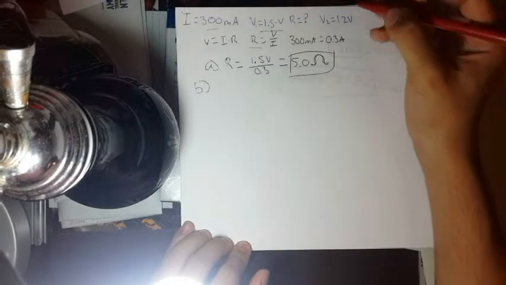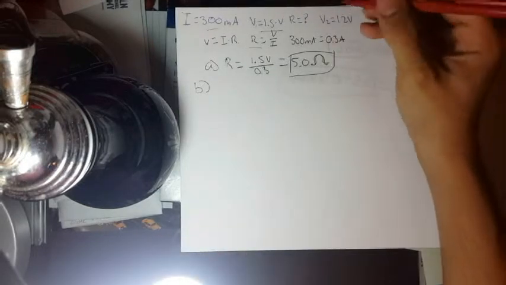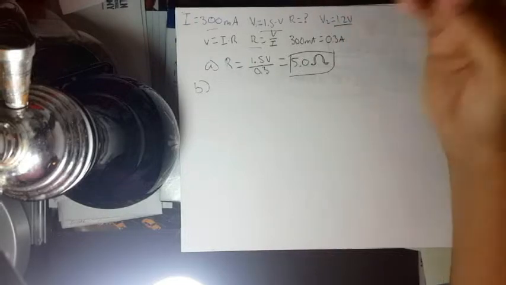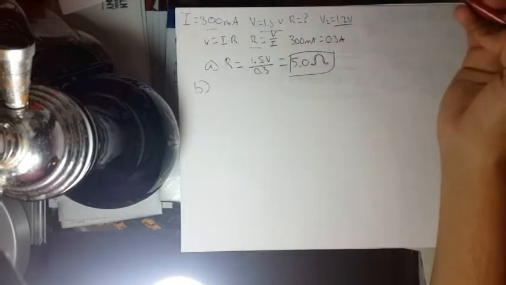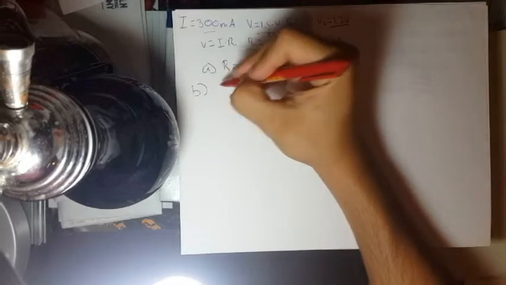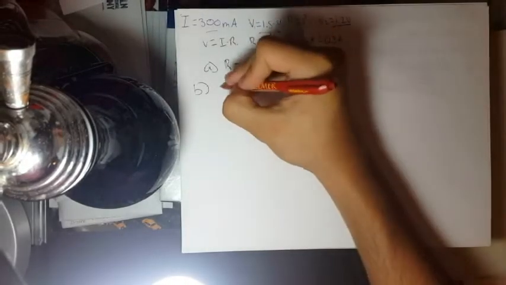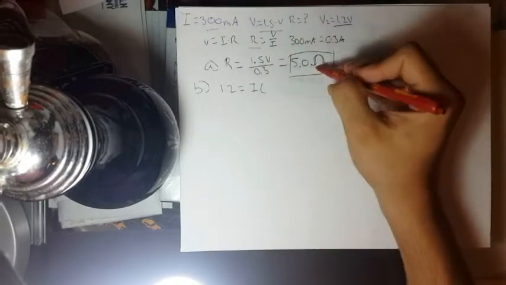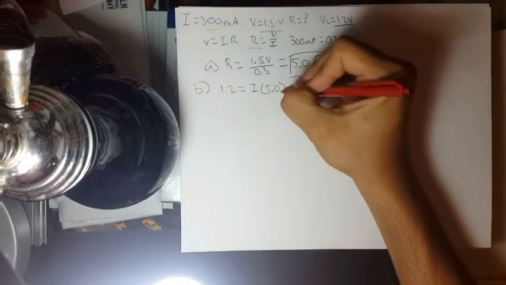And in part B, they ask us to find the new current if the voltage drops to 1.2 volts. So to do this, the new voltage, 1.2, equals current times resistance, which is 5.0.